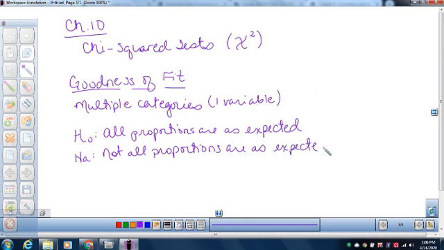So, for example, the M&M example that I said, the Mars Company says that there are specific percentages of each color in a sample of M&Ms. Well, you get a bag of M&Ms, you open them up, you count them, you calculate the proportions of each color, and you see if they're what Mars says they should be. That would be an example of a goodness of fit test.